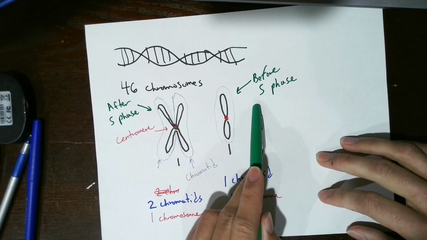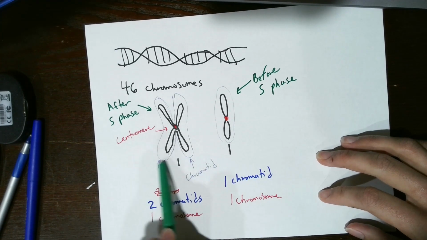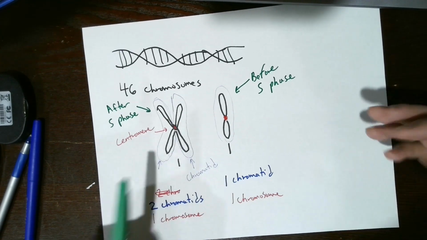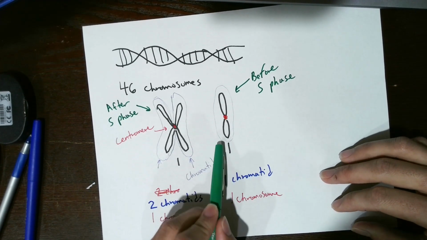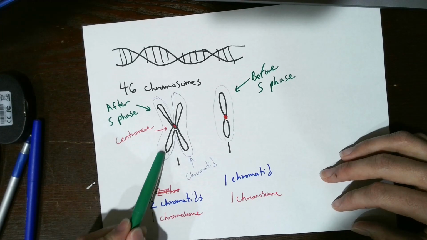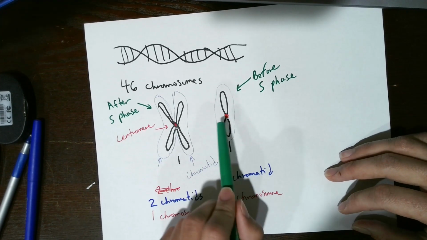So this is what it looks like before the DNA replicates, and this is what it looks like after. And it makes sense, right? Because if the DNA is replicating and doubling, we're going to get twice as many chromatids, but still only have one chromosome, because we only have one centromere.